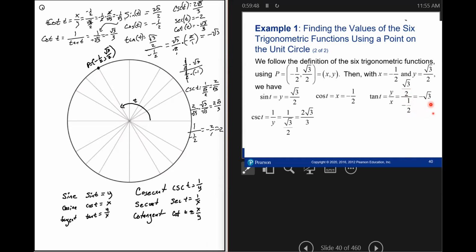And the cosecant is 1 over the y. And then again, they condensed it down. They didn't show all the steps here. And secant, same thing, only secant was easy because it's just the reciprocal of -1/2, which is -2. And then the cotangent, they did it the x over y, and they still got the negative square root of 3 over 3.